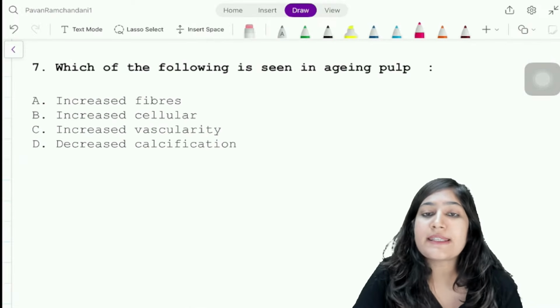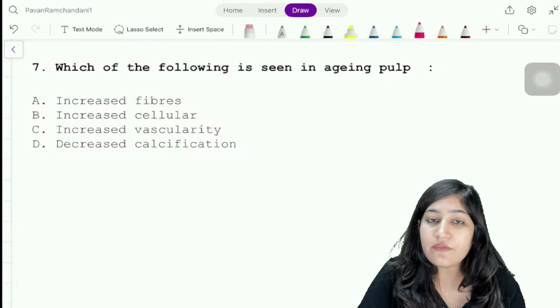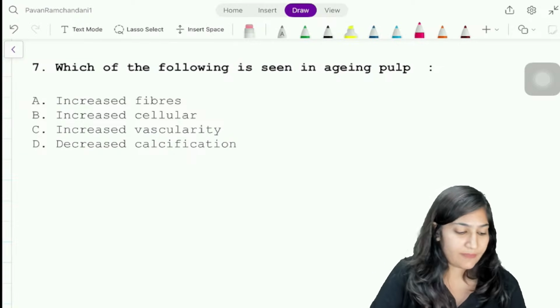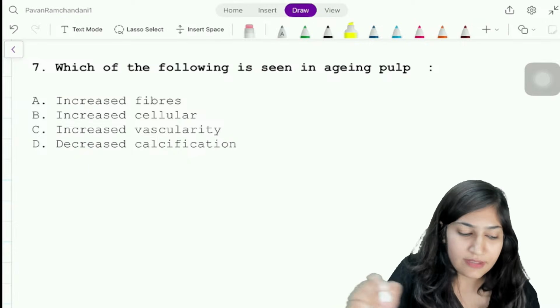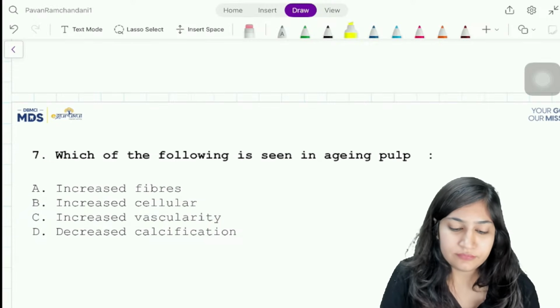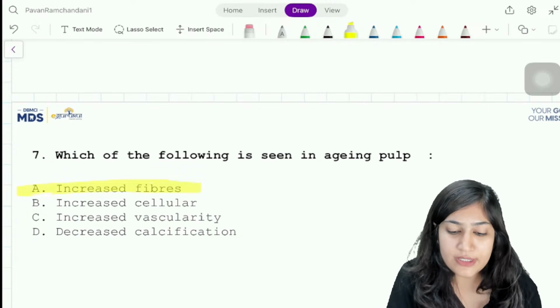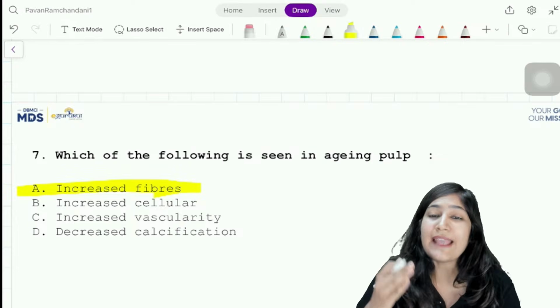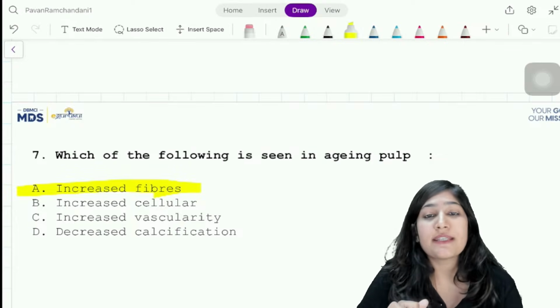Which of the following is seen in aging pulp? Increased fibers, increased cellularity, increased vascularity, or decreased calcification? What will be the correct answer here? Increased fibrosis is mainly associated with aging pulp. Cellularity mainly decreases with age in pulp.